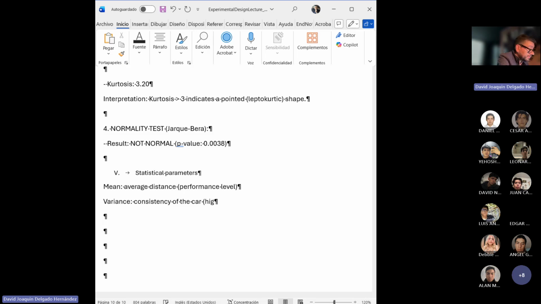High variance is equivalent to an unreliable design. So if the variance is so large, that means that it is not reliable. You cannot rely on this design because sometimes it will get short distances, some other times it will get large distances, and some other time it will get medium distances, and so on.